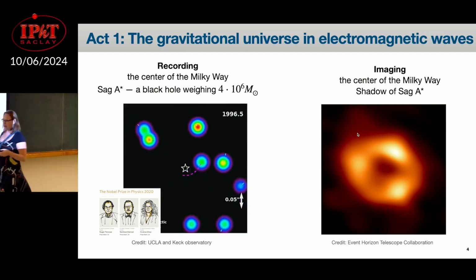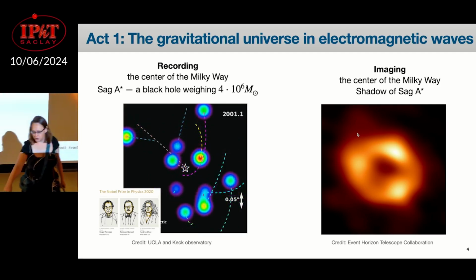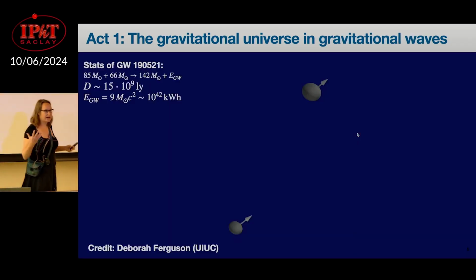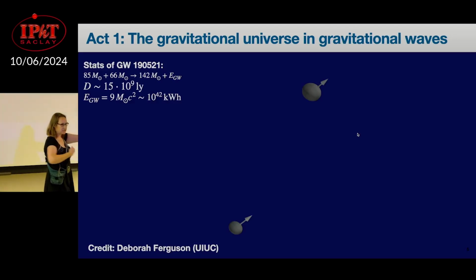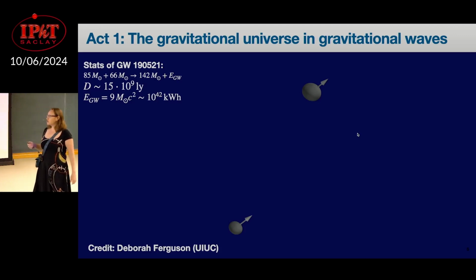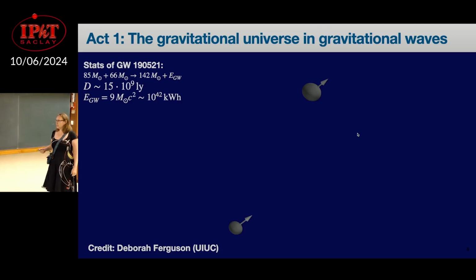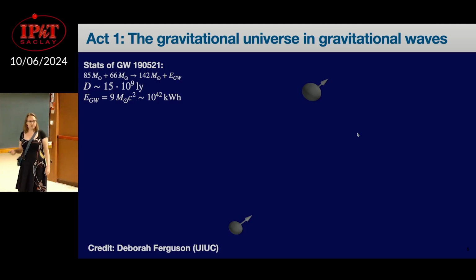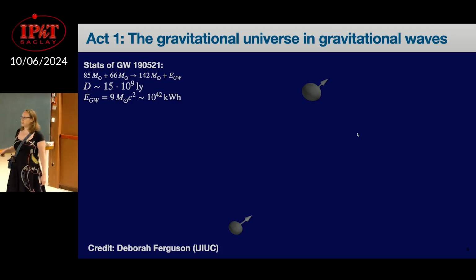If we have two compact objects, two black holes orbiting around each other, they will distort space and generate gravitational waves. What I'm showing you here, and I realize it's quite dark on the big screen, is a simulation by my postdoc Deborah Ferguson, where you have the black holes here. I will start the simulation in a moment.